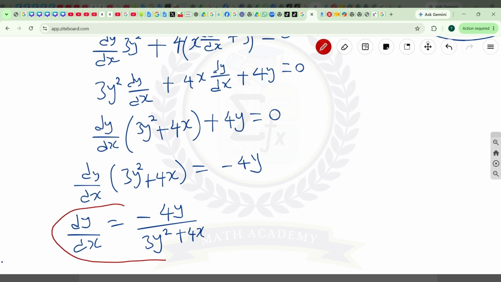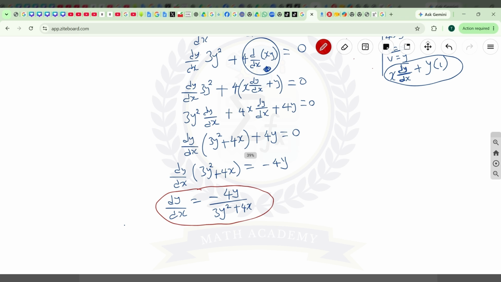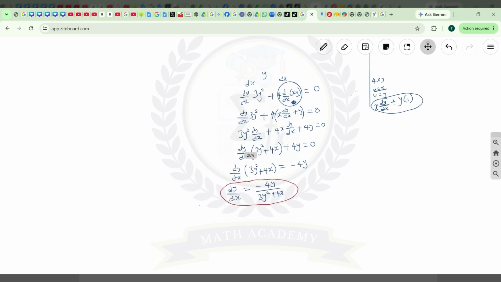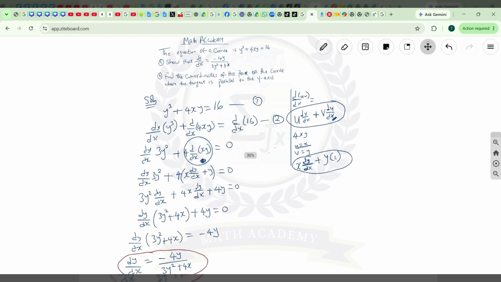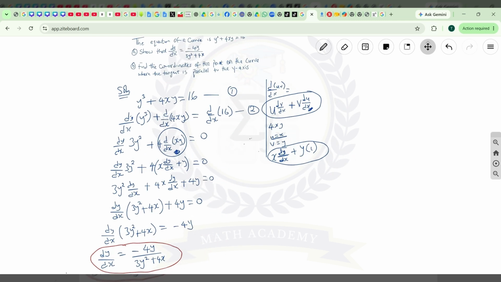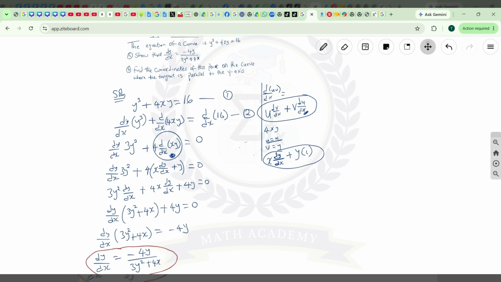So we've been able to differentiate this and arrive at part A, and we have successfully shown that dy/dx is equal to minus 4y over 3y squared plus 4x.